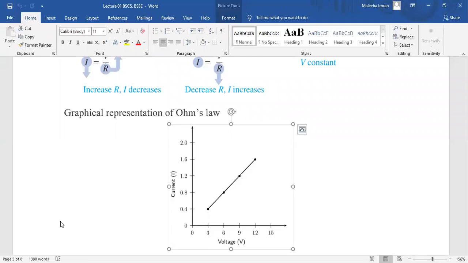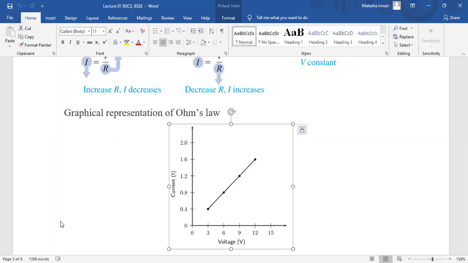And we see earlier, if the applied voltage is increased, the corresponding current also increases. आपका करंट भी इंक्रीज करेगा. It means that there is a direct proportionality between current and voltage. So if you draw the graph between voltage and current, you see that as the voltage is increased, the corresponding current is also increased.